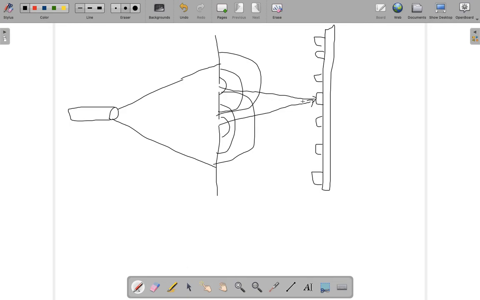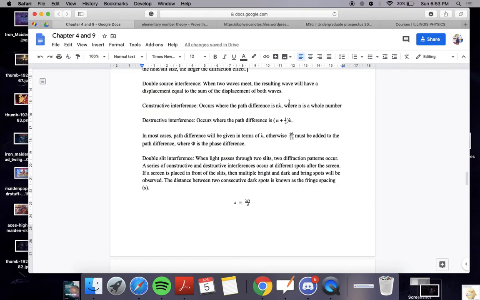And now note, both of them have covered the same distance from the slit, and they are both coherent, meaning they have the same wavelength, period, frequency, and amplitude. And now, when they interact over here, they actually superimpose, and because they have the same phase difference, they constructively interfere. So constructive interference occurs when the path difference or the phase difference is n lambda. Lambda is the wavelength, n is any whole number.